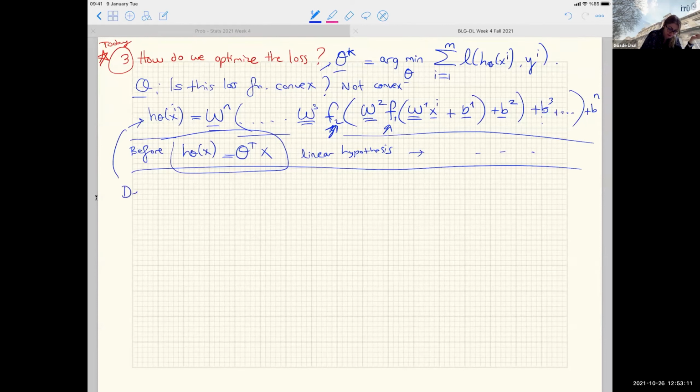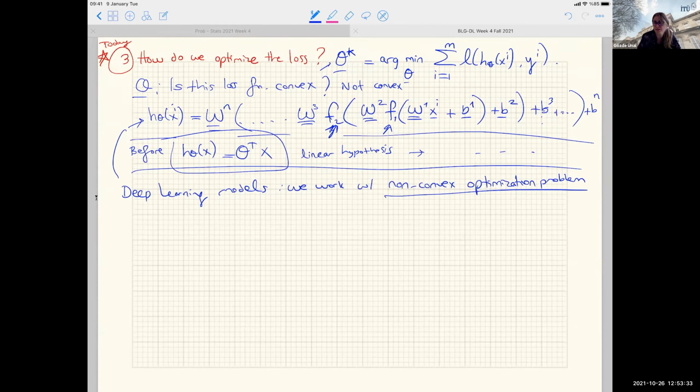And in deep learning, the models we work with typically have non-convex loss functions. So we actually work with a non-convex optimization problem. Okay, this is our problem. Remember, why do we like convex functions?